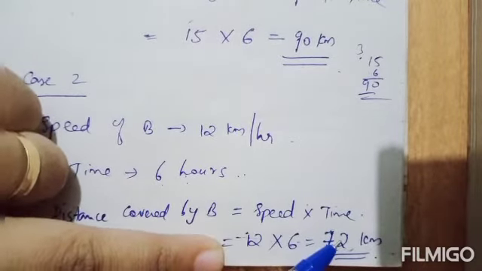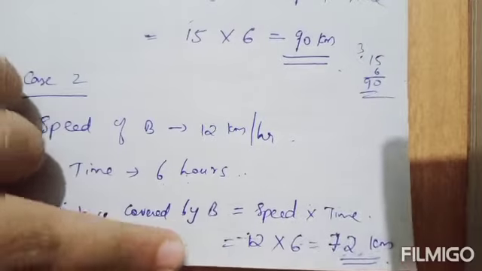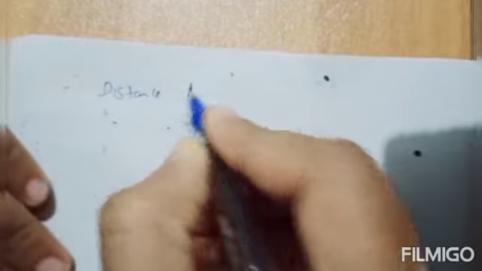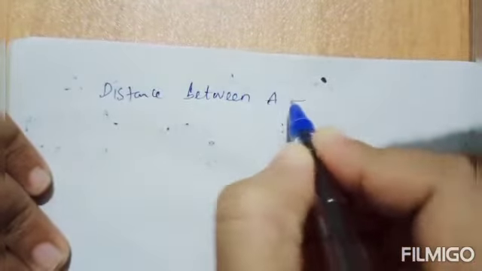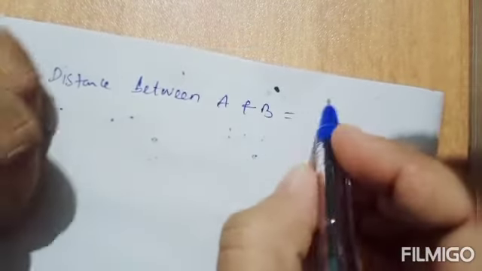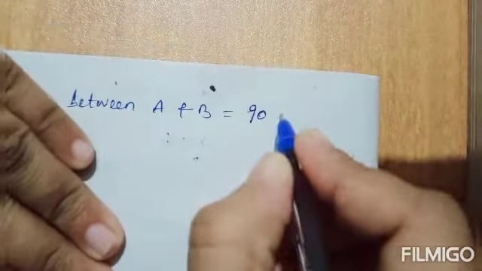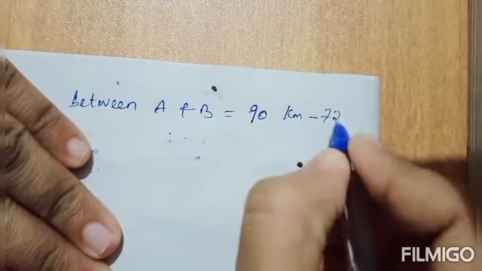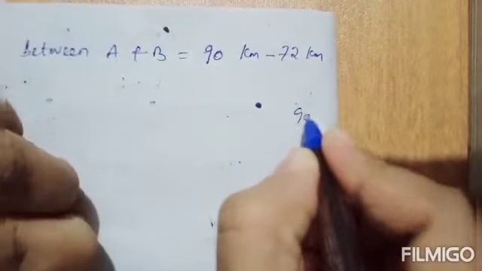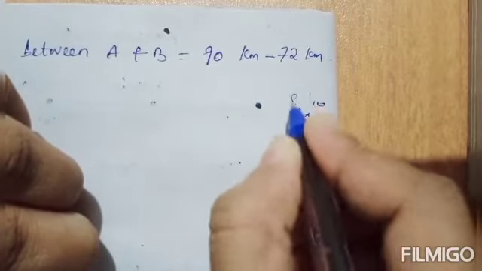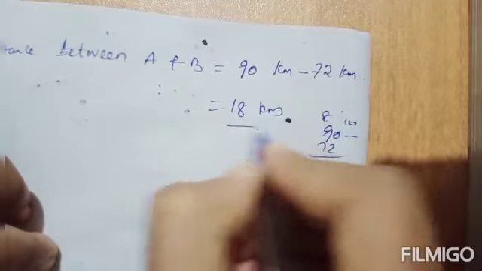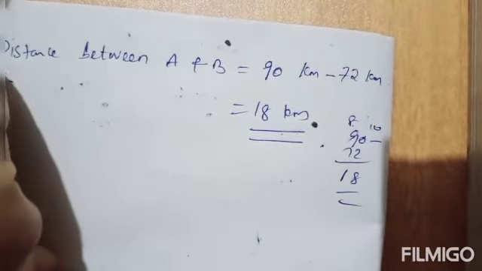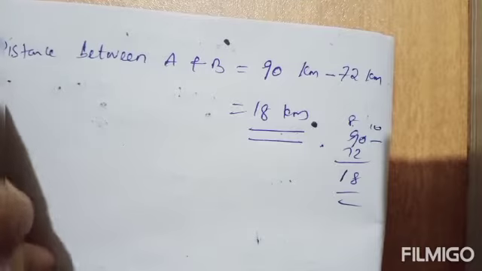Therefore, the distance between A and B you can find by doing subtraction. 90 kilometer minus 72 kilometer, what will you get? It is 18. So 18 kilometer is the distance between A and B if they are moving in the same direction.